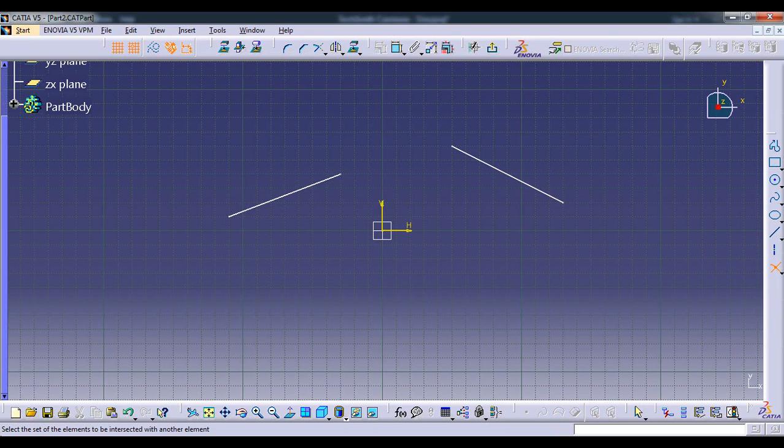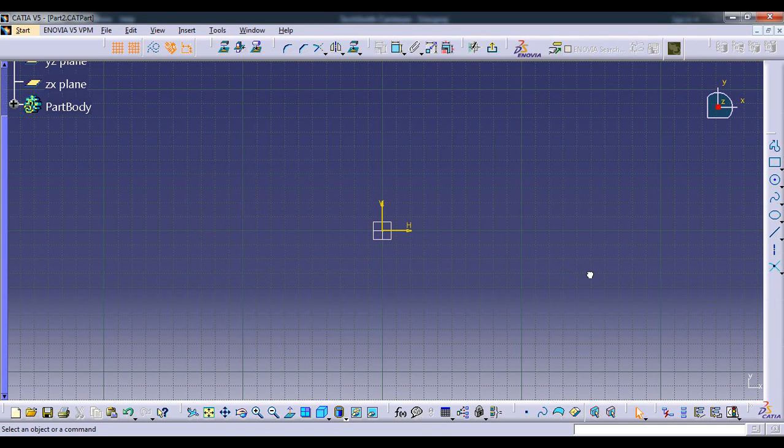We can see in the instructions column: select the set of the elements to be intersected with another element. Basically they want us to select those elements of which the intersection point is to be plotted. So I will select this first line and this second line. We can see that the intersection point has been plotted. This is a very helpful command. We can see that these lines are not intersecting physically, but we can plot their intersection point.